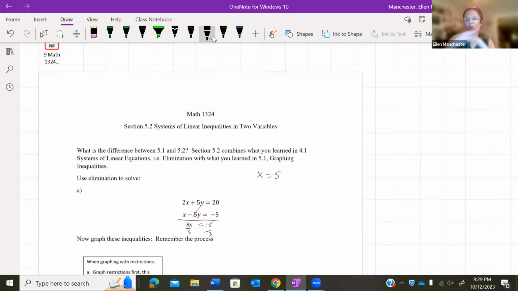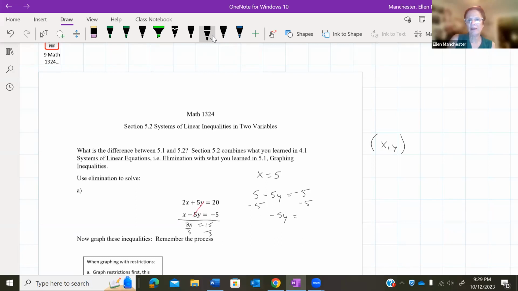We're looking for a point. So remember, you have to have a point in the form xy. This is my ordered pair, right? That's the address, if you will, of where the point is, where the two lines are going to cross. So I have to find the y. So I'm going to plug this back in. It does not matter which one you pick. It's your choice. And we solve for y this time.